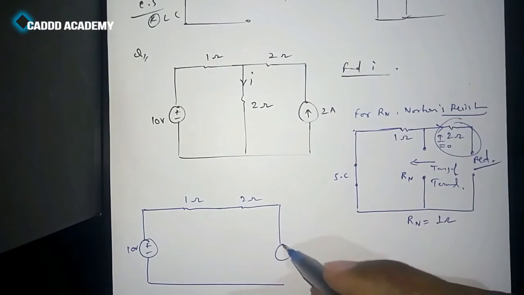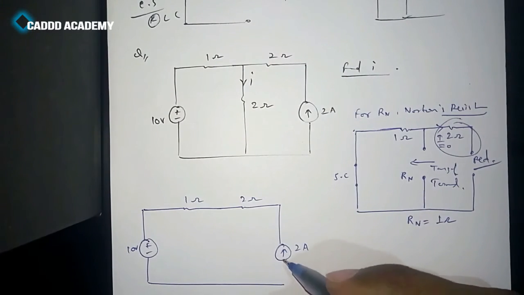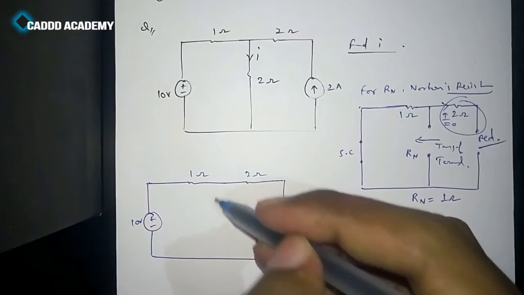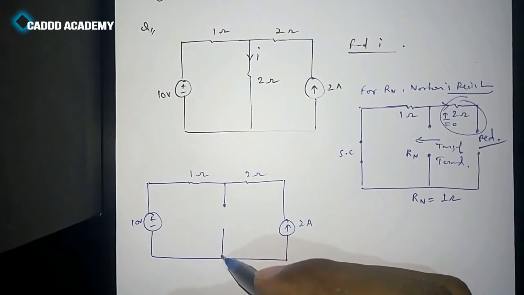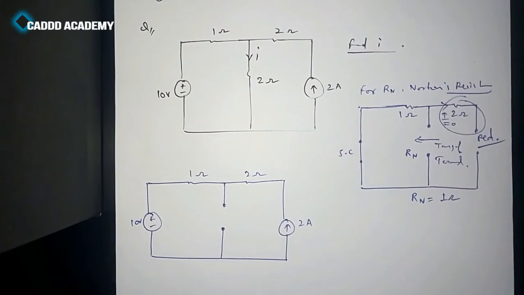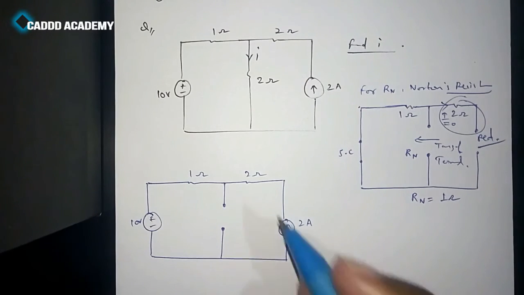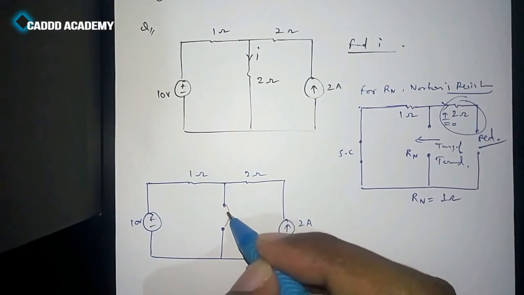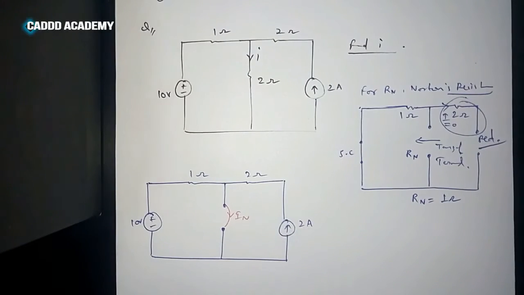Here we have a 2 ampere current source, and just keep this terminal short circuited. And now we have to calculate the current through it, which is In.